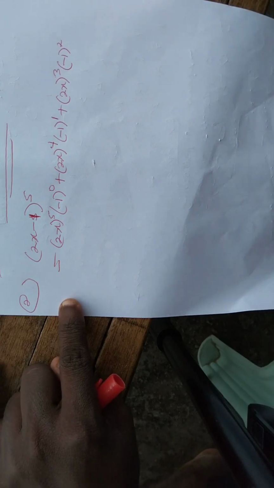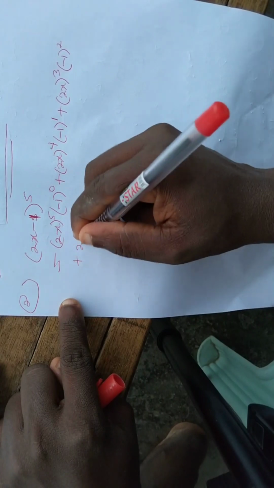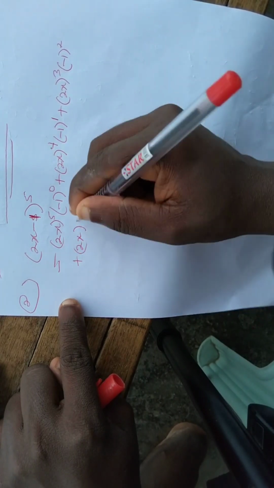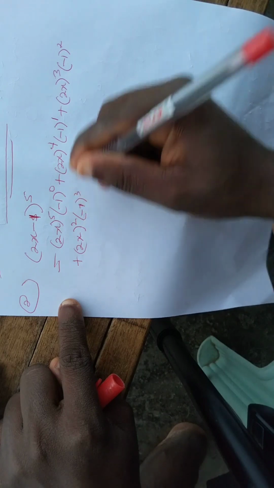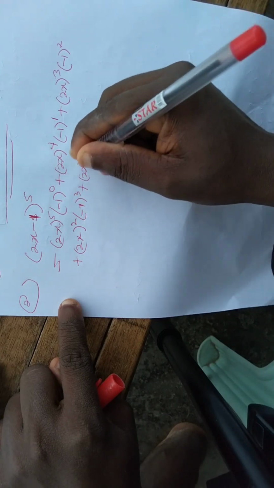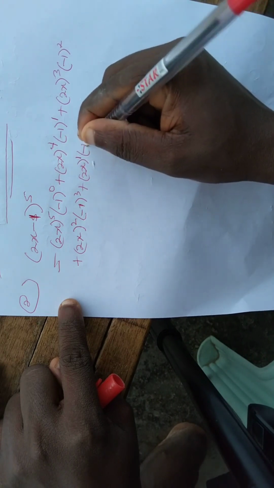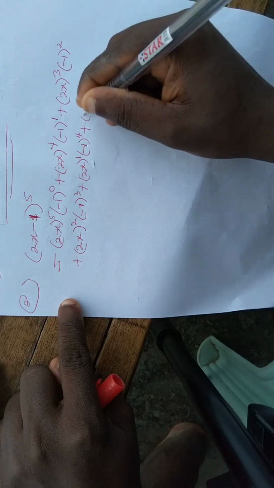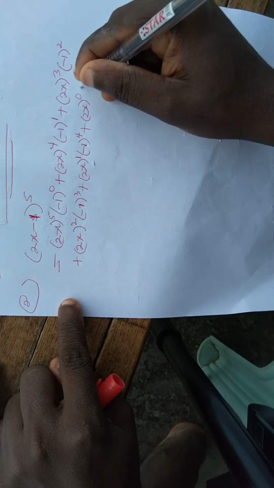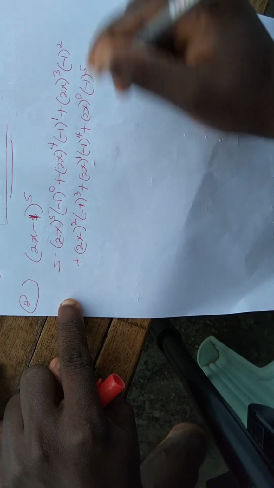plus 2x raised to power 2, minus 1 raised to power 3, plus 2x raised to power 1, minus 1 raised to power 4, plus 2x raised to power 0, minus 1 raised to power 5.